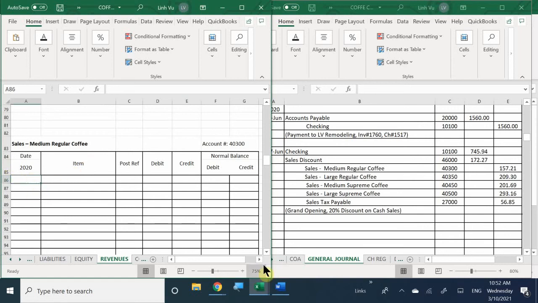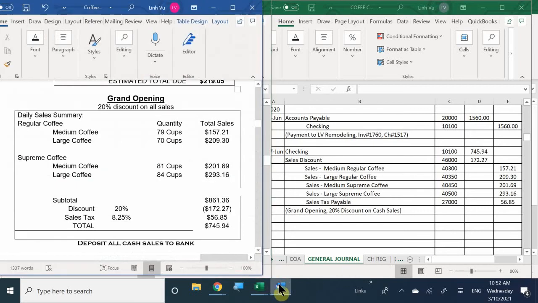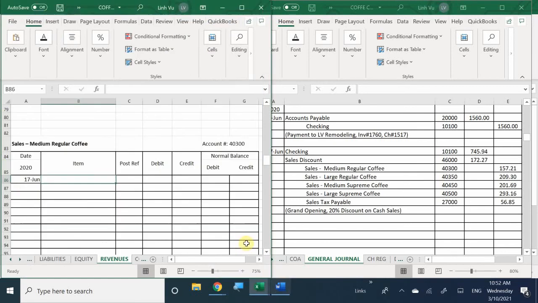So here I'm specifying that on the 17th, for my medium regular coffee, how many cups did I sell? 79. We sold 79 cups, okay? Now, this is going to be very important that you keep track of, because we bought business supplies.